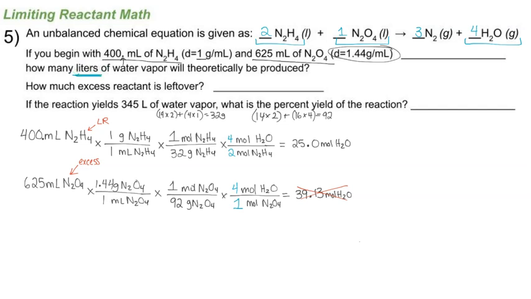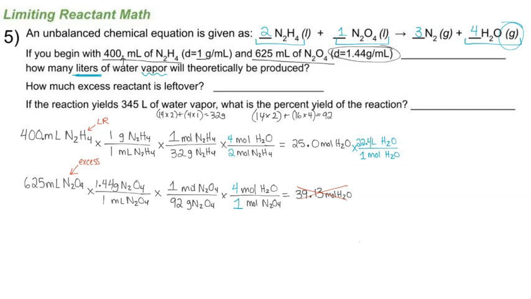So I'm going to take my moles of H2O, and I'll just convert moles of H2O to liters of H2O. And I know that 1 mole of any gas, and I can use this because it says it's water vapor, and it also has the gas sign in the chemical reaction, fills 22.4 liters.